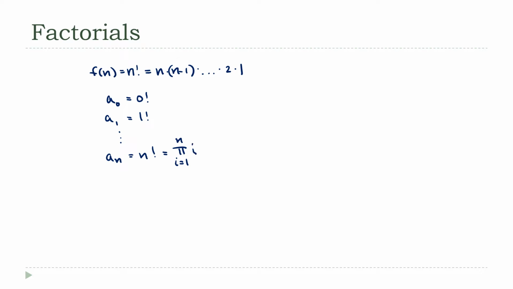It looks like this. Now, if we apply the method we discussed earlier, where we peel off the nth term, we can see that the nth term of the sequence is equal to n times the product of the first n minus 1 terms. But this product is just n minus 1 factorial, which is the previous term in the sequence.